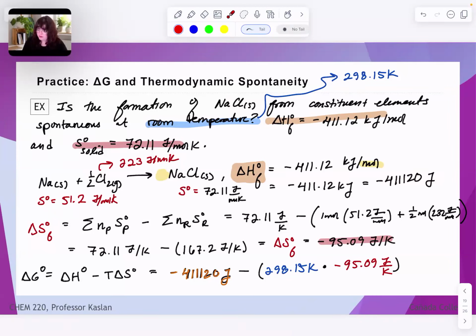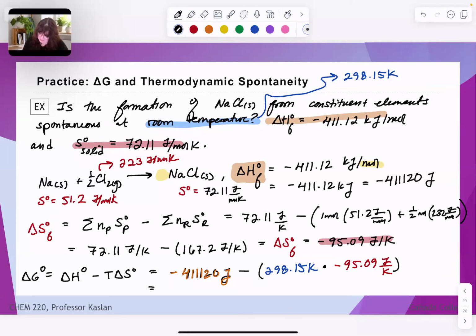You can approximate this as 300 times 100. So 300 times 100 is 300 with 2 zeros on it, right? That's 30,000. And this is like 411,000. So we can predict the delta G is going to be negative.